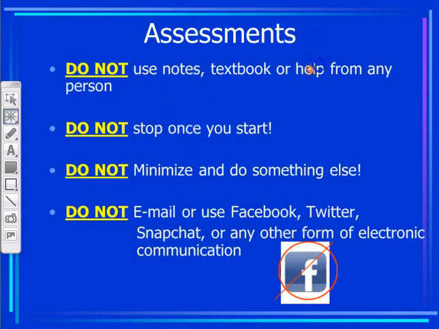All right. For assessment, just like in school, you can't use notes or your textbook or ask somebody else next to you. Please do not stop. Once you start, the clock is ticking. So once you hit that button, you've got 40 minutes or 90 minutes to complete things. Don't minimize and do something else. Don't use any form of electronic communication.